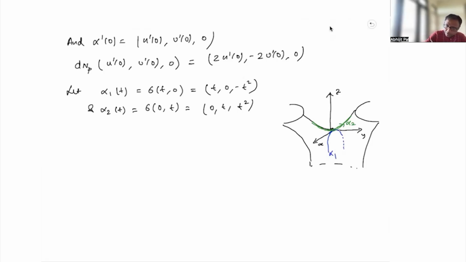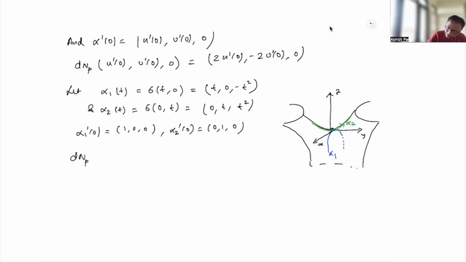Okay, so now what is my alpha 1 prime 0? This is equal to 1 comma 0 comma 0. And alpha 2 prime 0 is 0 comma 1 comma 0.